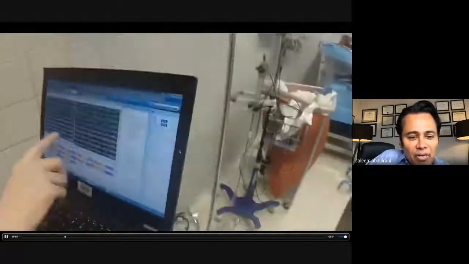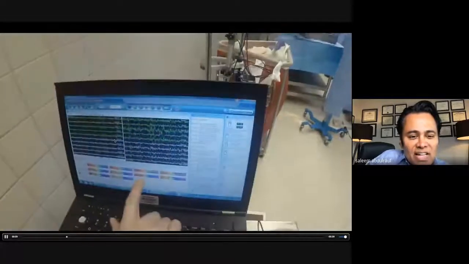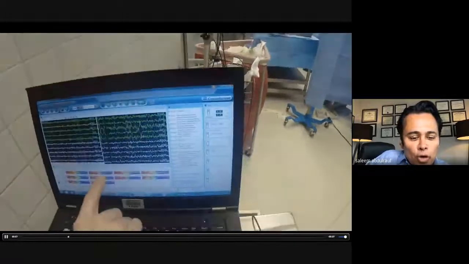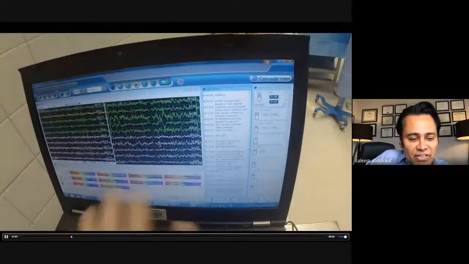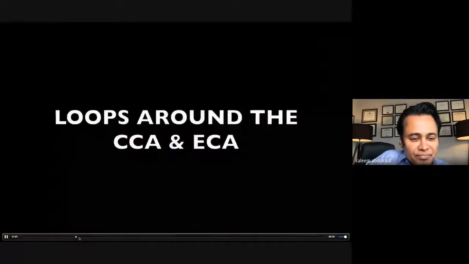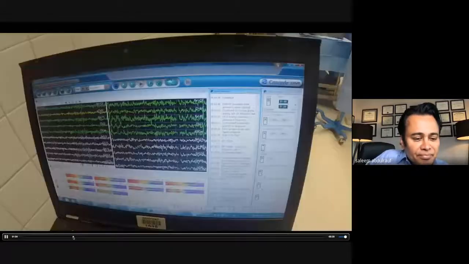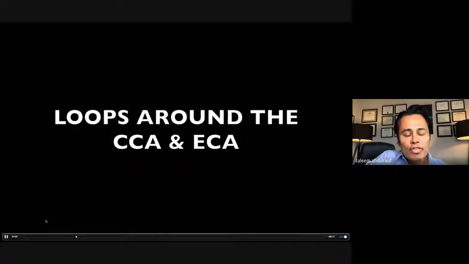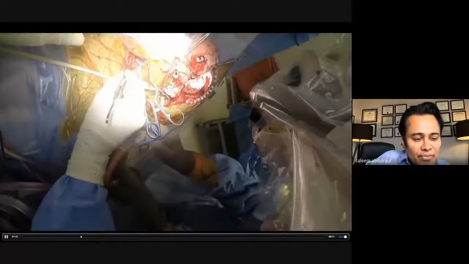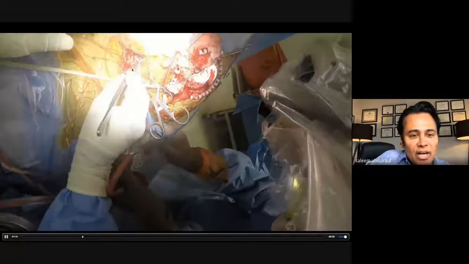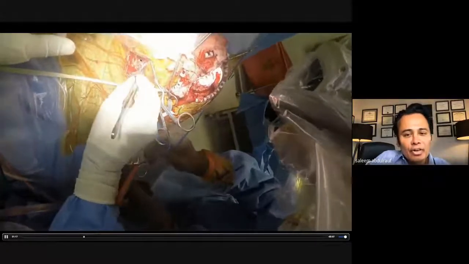Because this is part of our study, we do SSEP, EEG, motor evoked potential monitoring for every case. Since it's a very proximal aneurysm, we open the neck to get proximal control of the internal carotid artery.